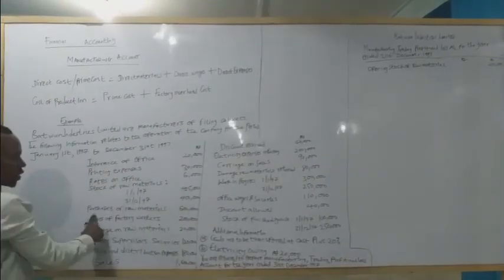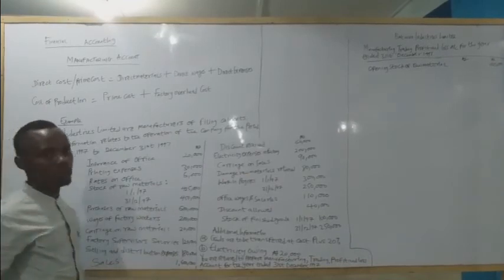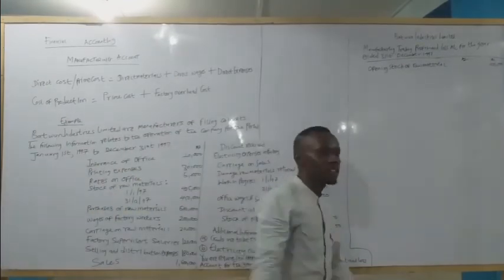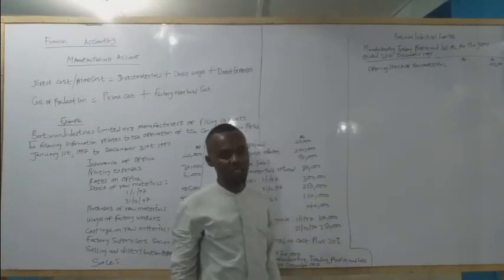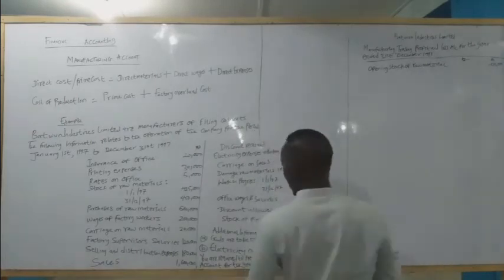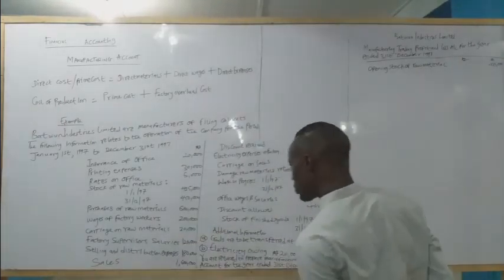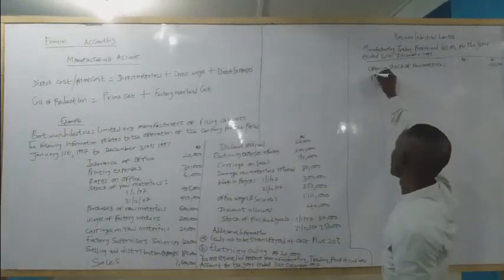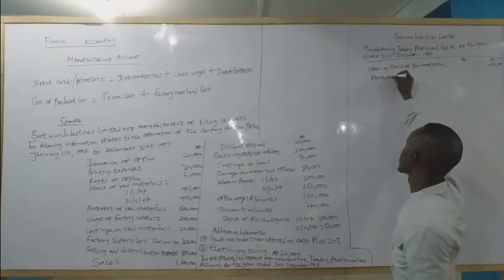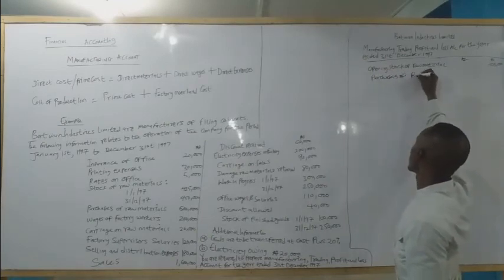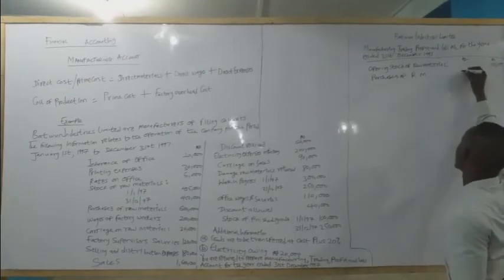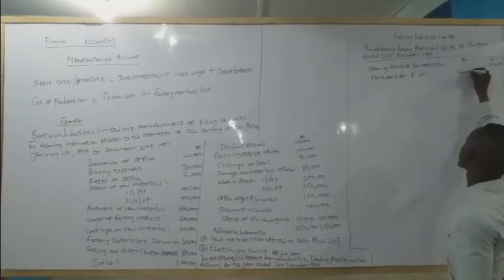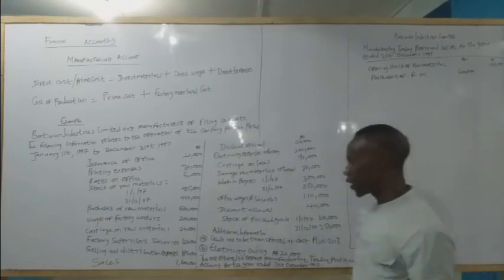Followed by our purchases of raw material, 600,000. This is equivalent to our normal trading account, but now we are dealing with raw materials in the manufacturing account. So we have purchases of raw material, 600,000.